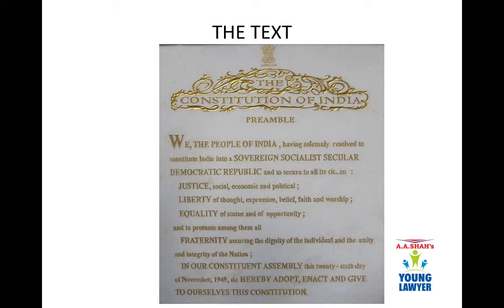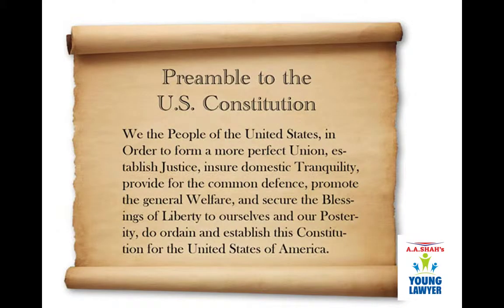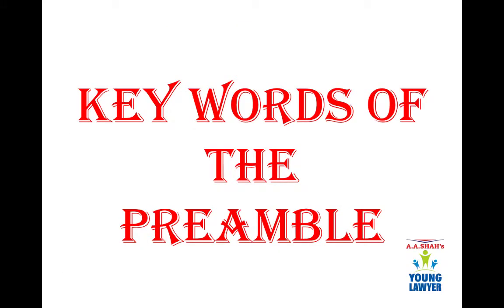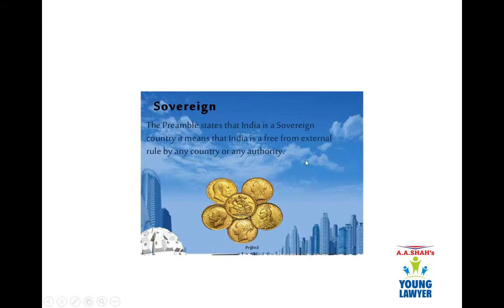Now here, what is important is that we understand certain keywords. What are these keywords? Sovereign, socialist, secular, democratic, republic, justice, liberty, equality, and fraternity. So these are the keywords that we have to understand. Moving ahead, what is the first keyword of the preamble? It says sovereign.